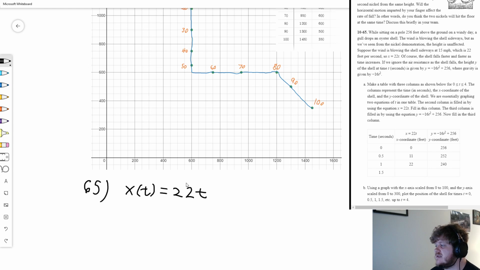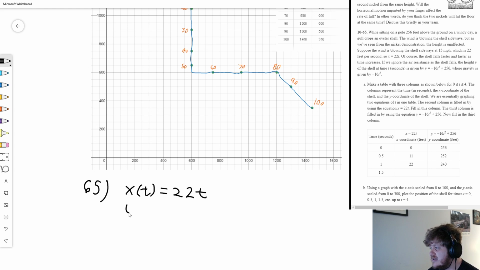Now what this means is that every second, the shell should be moving 22 feet. Now this isn't 100% accurate because of the way air resistance works, but we're going to call it good enough for right now. So our equation for the x coordinates, how far it's moving in the x direction, is based on this.